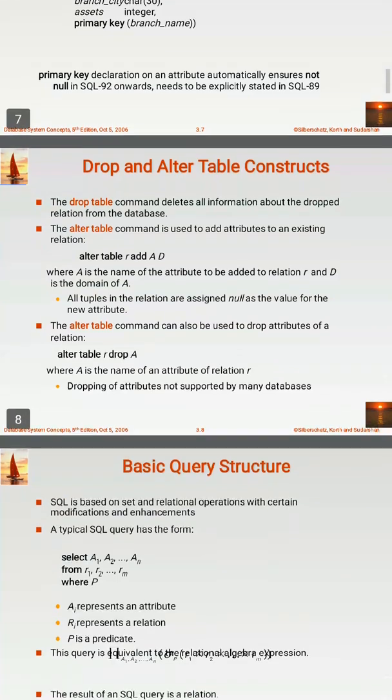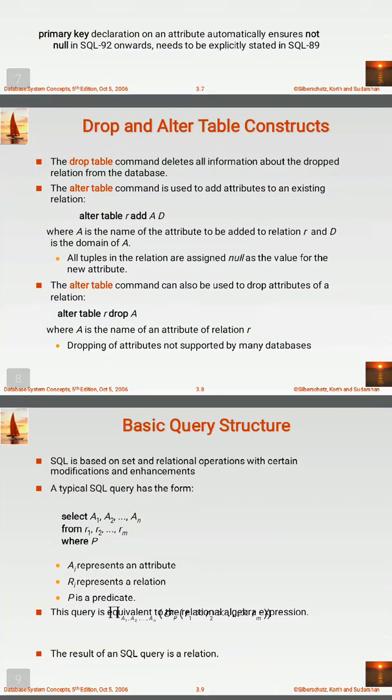Then we'll see the drop and alter table commands. The drop table command deletes all the information about the dropped relation from the database. The alter table command is used to add attributes to an existing relation.